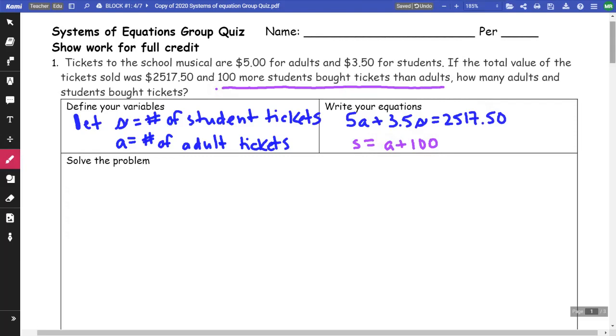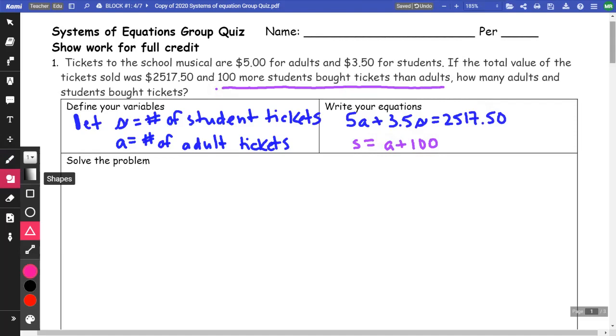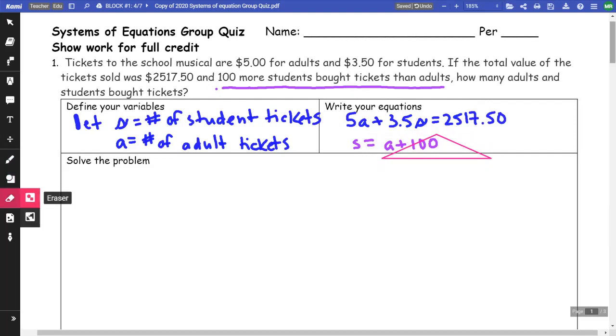Okay. In this case, I'm going to use substitution because I know S is equal to A plus 100.